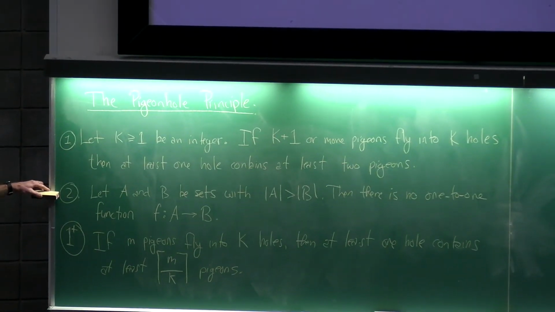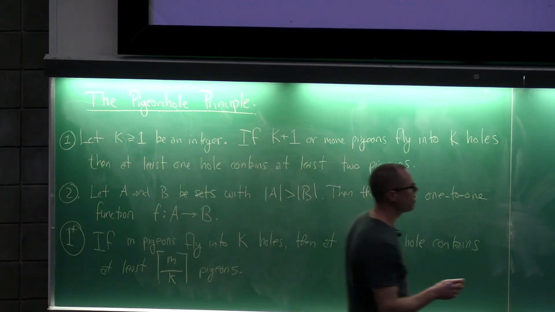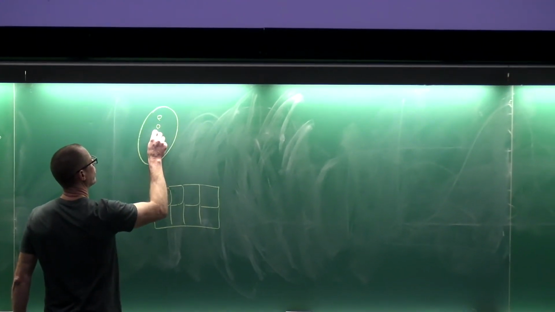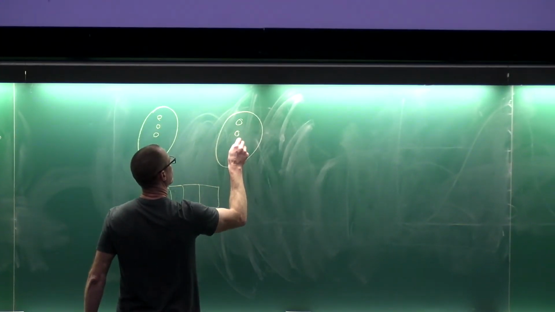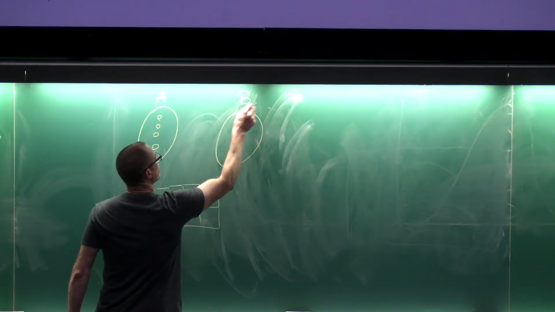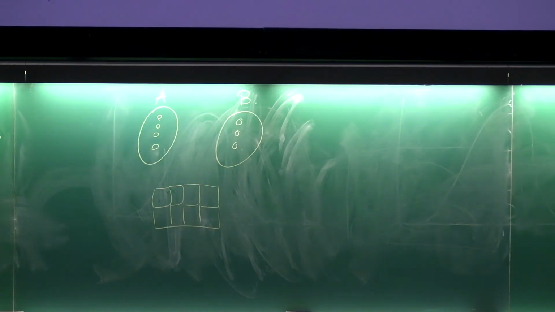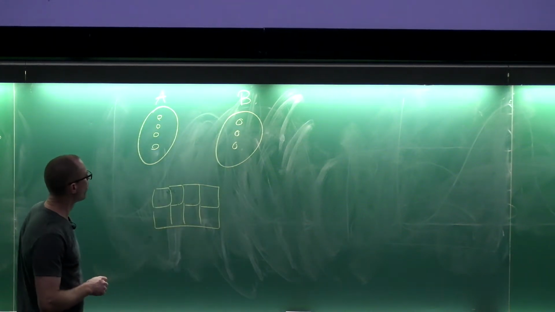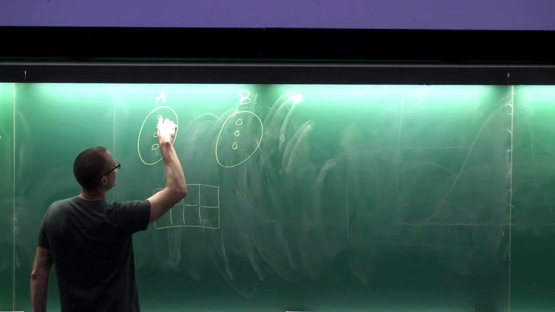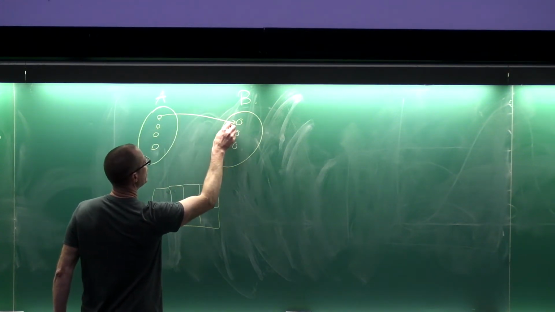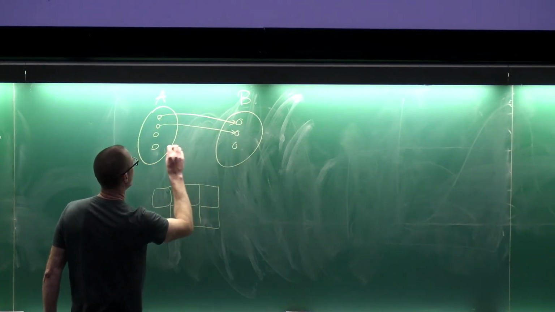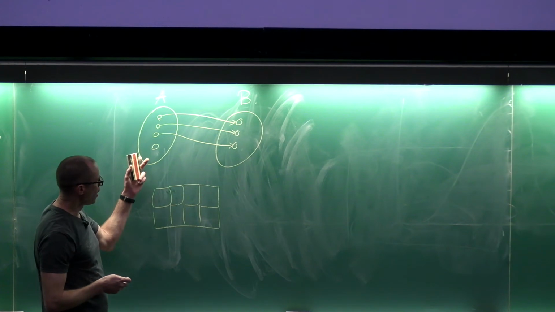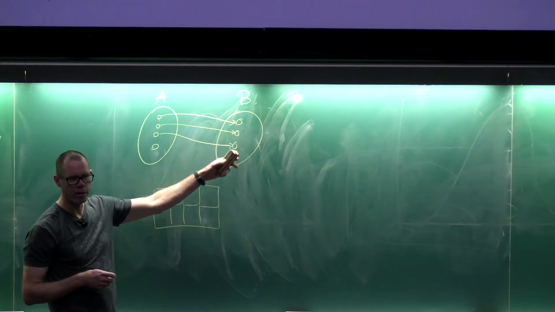An equivalent way of stating this, with the terminology we've been using, is if I give you 2 sets, A and B, here's A, here's B, and the set A is strictly larger than the set B, then there's no one-to-one function from A into B. Remember, a function says for every element of A, you map it onto some element of B, and one-to-one says there should be no element of B that has 2 or more things mapped onto it.